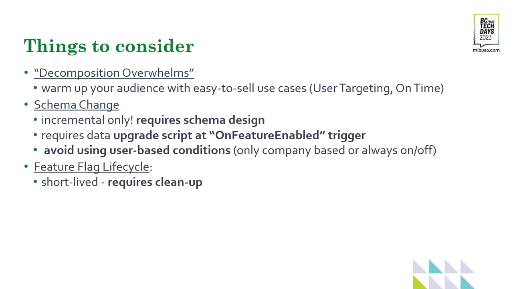With OpenFeature for AL, it's quite easy to do. You can open your VS Code and just run replace in all files from your feature identifier to all, and cleanup is done. But of course, you would need to get rid of some legacy code that was an else condition in your code base.